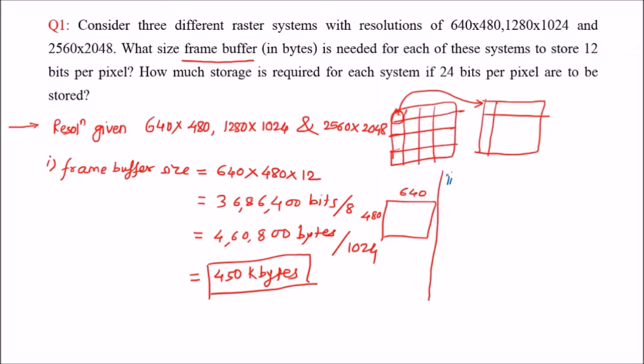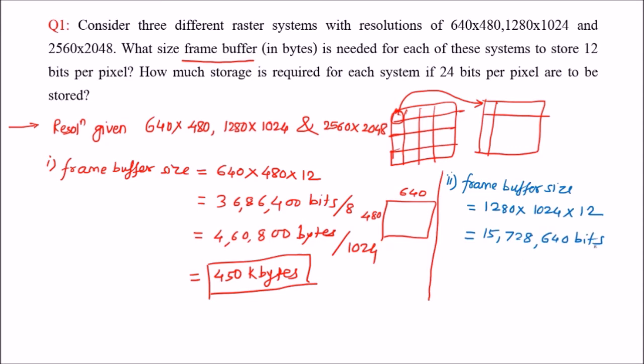So this is our second resolution. For that, the frame buffer size, the basic approach will remain the same. What is the resolution? It is 1280 by 1024 multiplied by 12. So this will come to 15728640 bits.